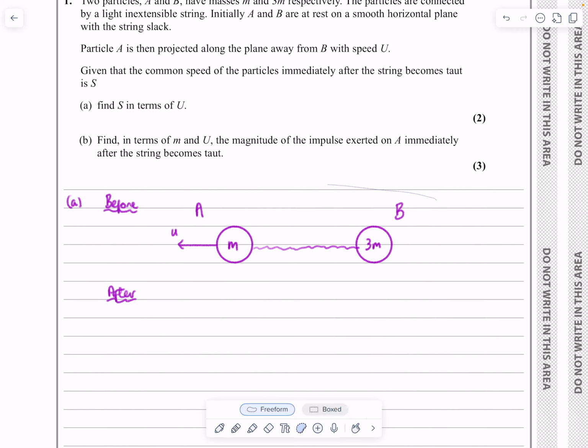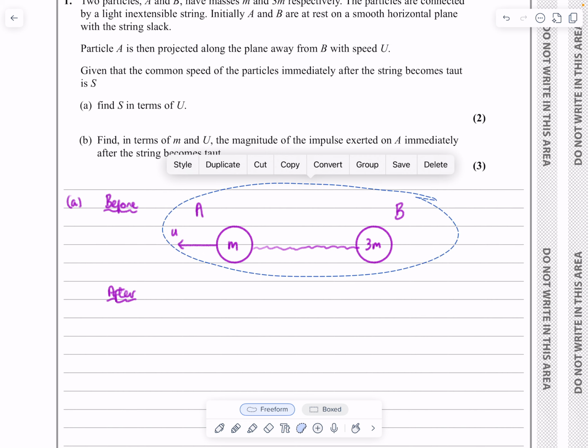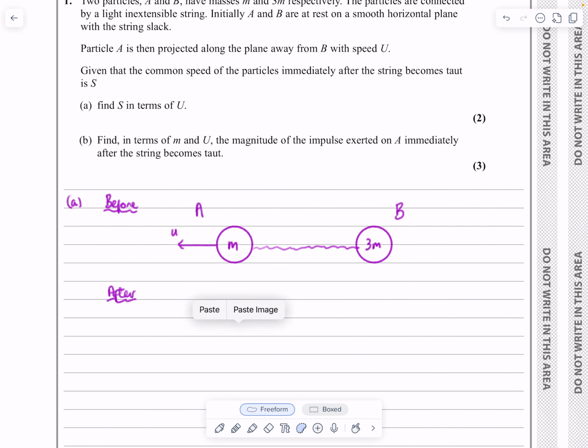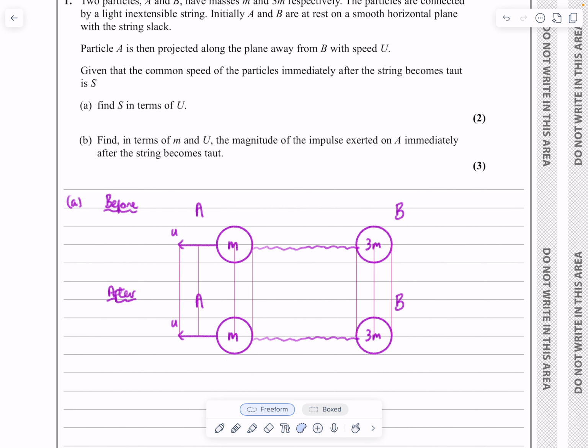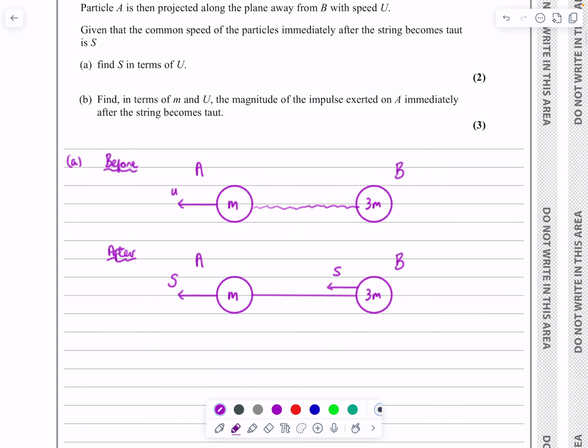Well, let me just copy out this diagram so I'm not wasting time with my drawing skills. Afterwards, this string is going to be taut now, and both of them have got a speed of s. So this one has a speed of s, and this one also will have a speed of s.